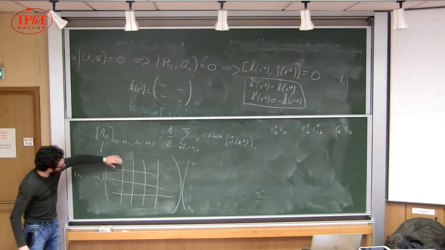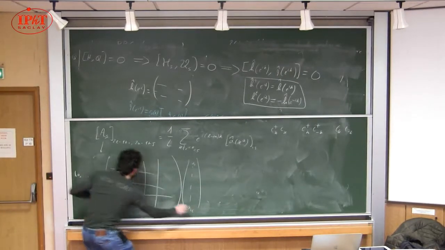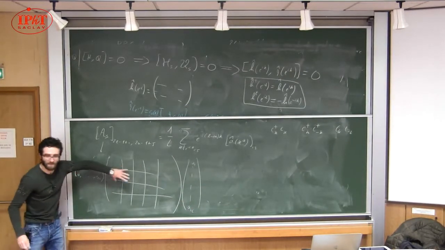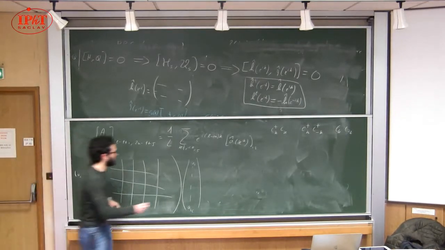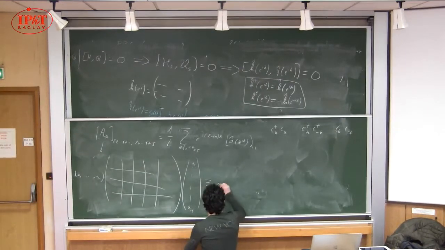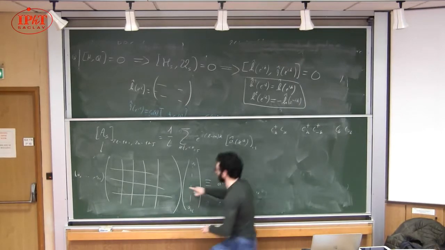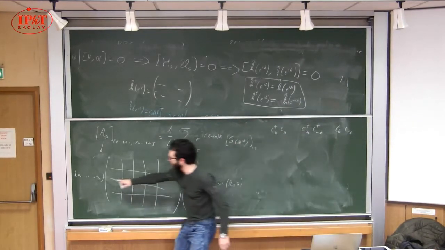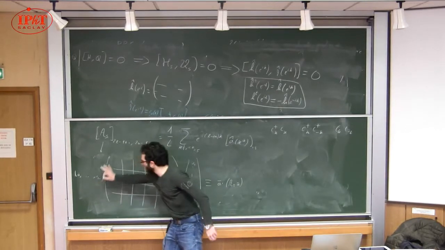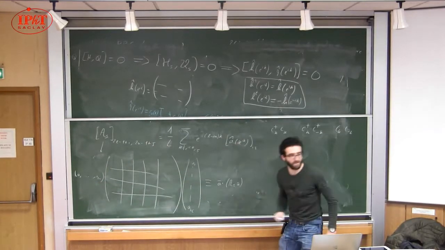So the central part, this is just a scalar product, what I wrote before, a dot A a. It's a scalar product between this vector of Majorana fermions and this matrix acting on this vector.